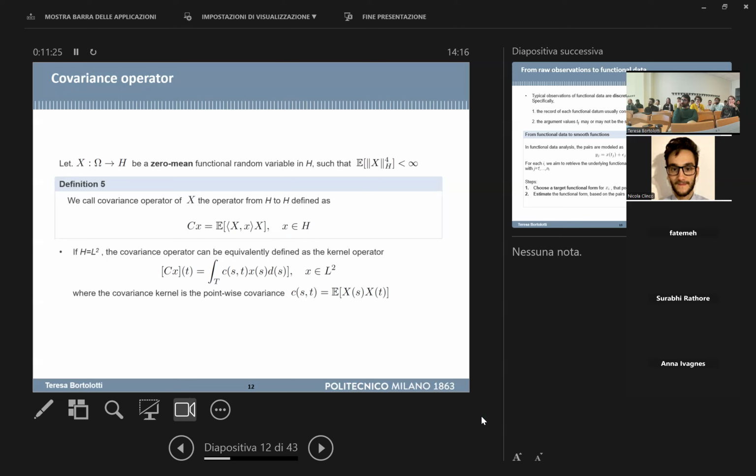Its definition becomes very clear in L2, because in L2, the covariance operator is a kernel operator, so it is univocally identified by its kernel, small c. It operates through its kernel when it is applied to any function. And this, again, gives you a convenient rule to estimate it from data, because you can just estimate the covariance kernel by looking at the covariances at different time points.